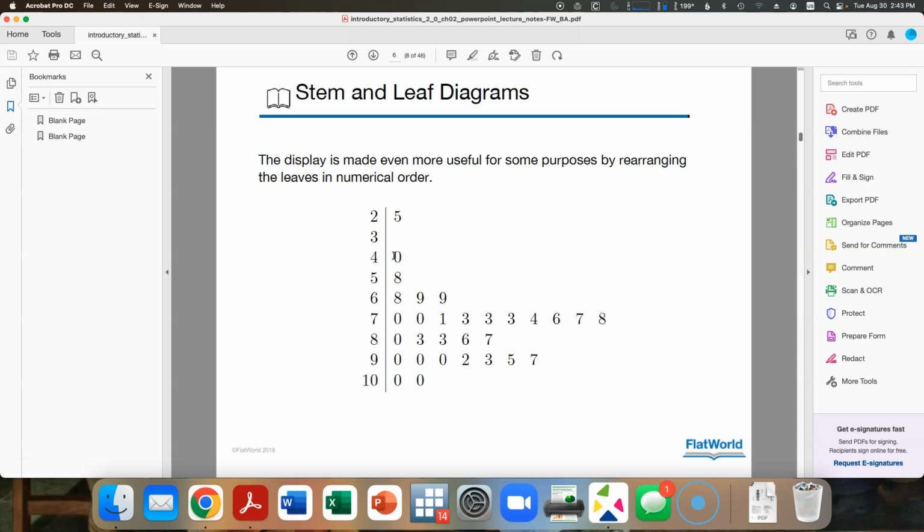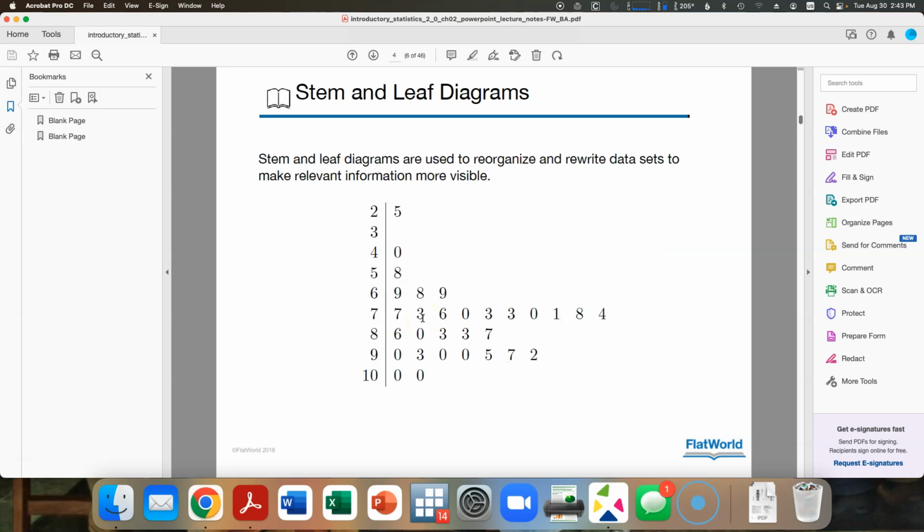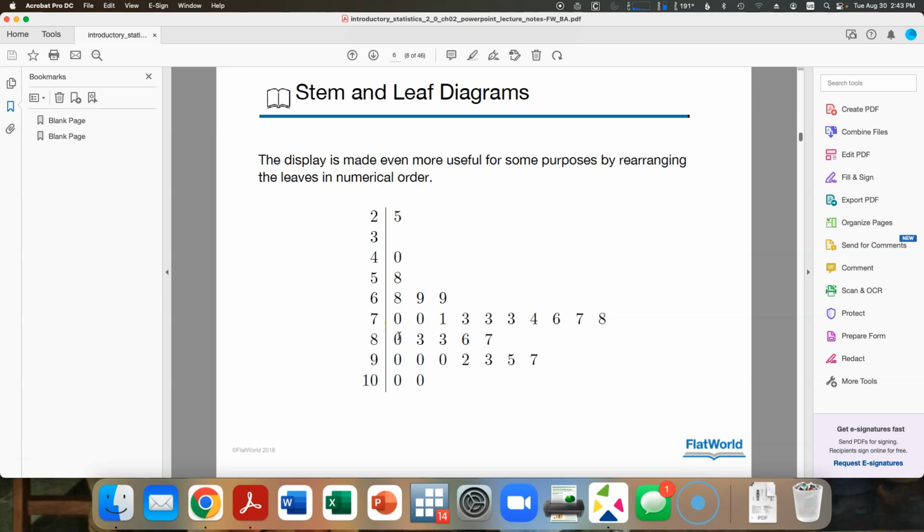So then I would see pretty quickly that I have 2 that are 70, 70, and 70. Whereas if I went back over here, it's a little less clear because it'd be 1 of the 70s and then 2 of the 70s. So you can rearrange the leaves to make the display of the data more useful and more descriptive for what you're doing. Okay.